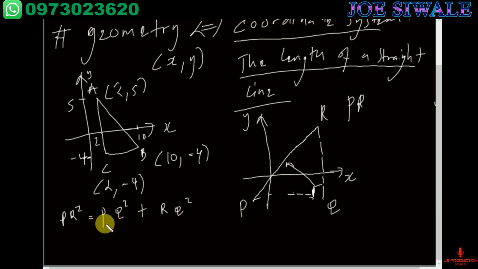Since the line starts from point P and ends at point R, P is our starting point and R is our ending point.